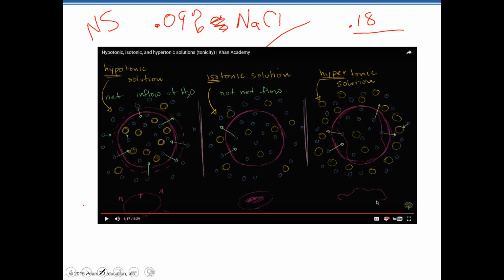So 0.18% NaCl. That's a percentage, sorry, percentage of sodium chloride. So is there ever a time when we would have that? No, I mean, not really. It's unlikely that you're going to be using something like that. It's not impossible though, but it's unlikely.